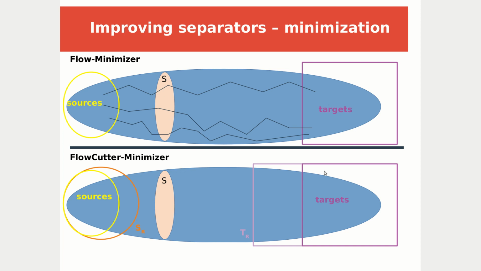A similar one is, when you have separator S, to run not the flow minimizer but the flow cutter minimizer. It's worth noting that given a relatively good separator S, or a separator of some quality, using these methods we can quickly find improvements of separator S, and flow separator creator and flow cutter work much faster when initialized with proper sets of sources and targets than with random ones.